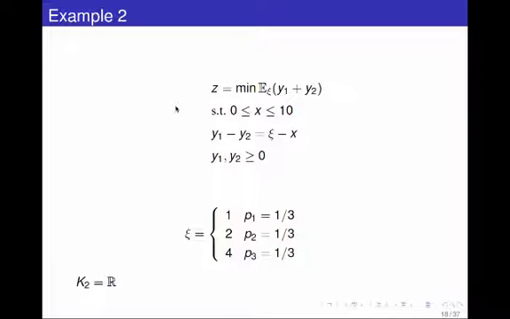Do you see what's going on here? We have two non-negative y's, and they're basically slack variables for making them equal to psi minus x. If psi minus x is positive, then the optimal solution is what? 0, 0 won't work.